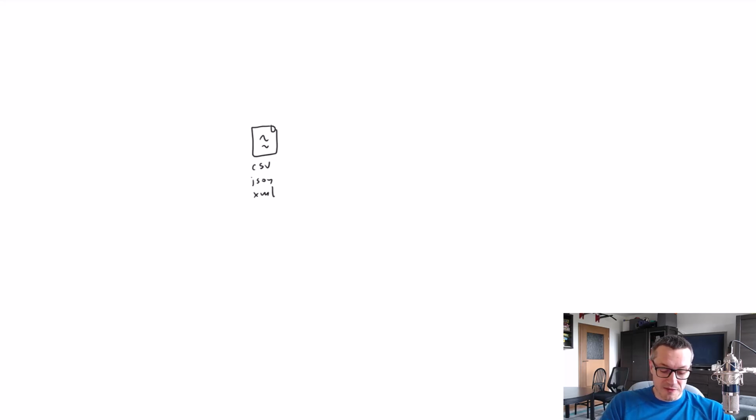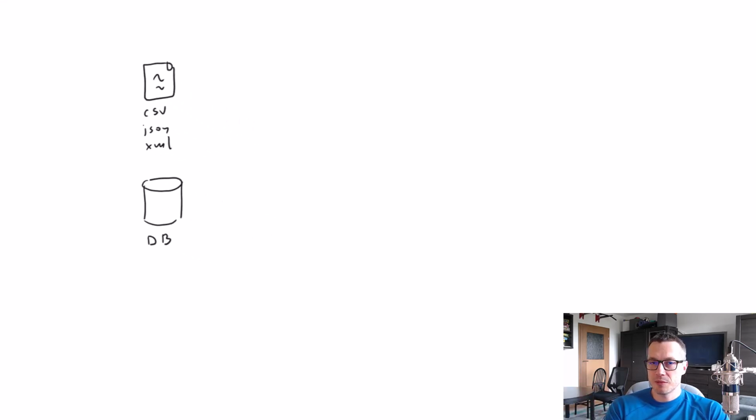Apart from various types of files, we also quite often have to read data from various types of databases, like Azure SQL database, MySQL database, SQL Server, and so on. And what we also often have to do is to read data from various types of APIs. And all of this stuff, this is our source data. And we know already that we don't want to build our reporting solution directly on this source data.